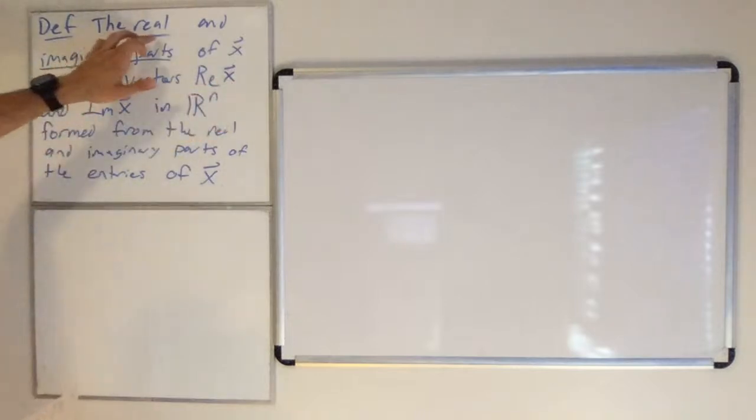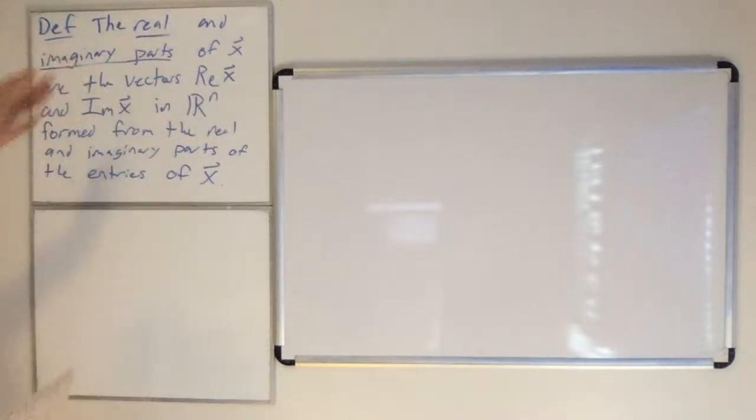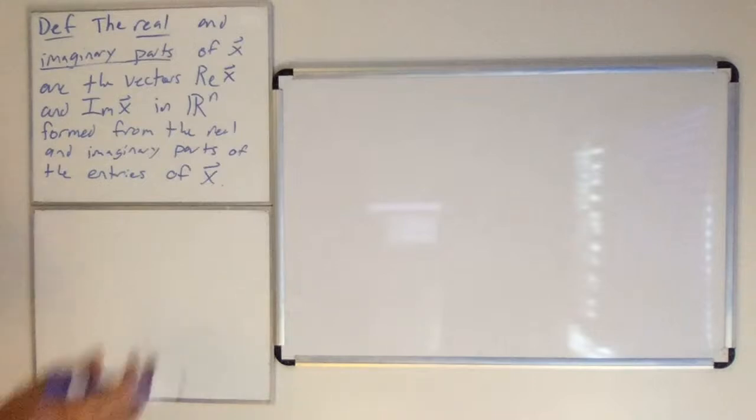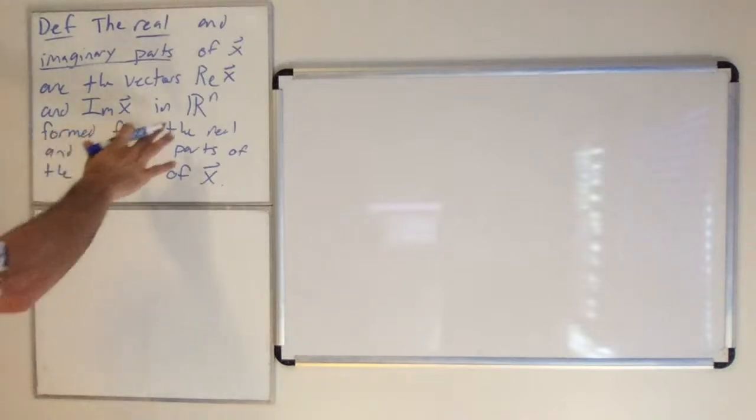Re X means the real components, Im X is the imaginary parts, and we're going to factor out the i. So we're going to treat them both as vectors in Rn.